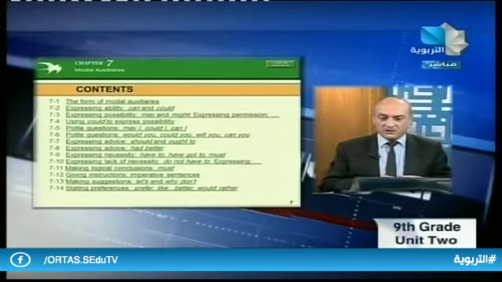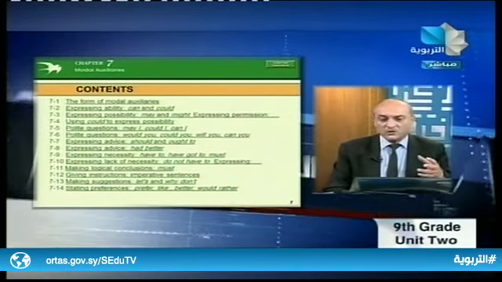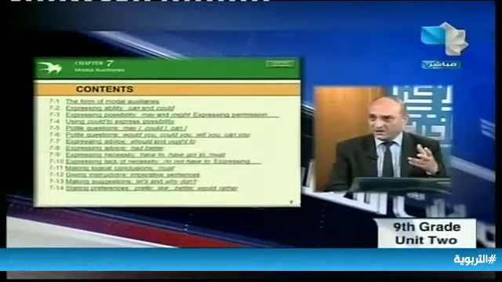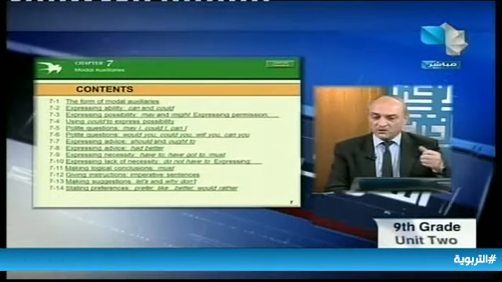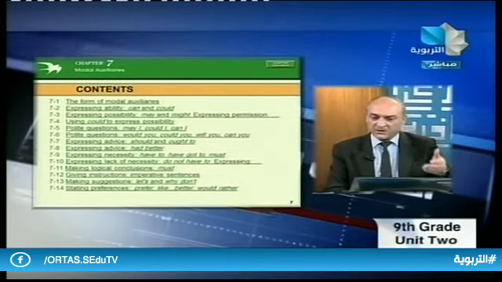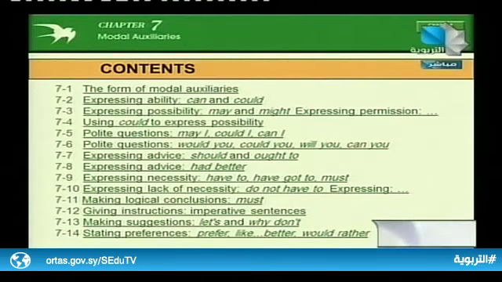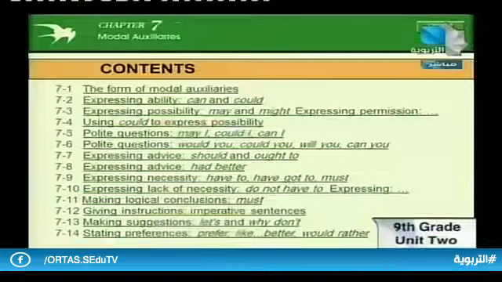As you can see on the screen, we are going to discuss the function of each one, the form of modal auxiliaries, expressing ability, can and could, expressing possibility, may and might, expressing permission, using could to express possibility, etc. A lot of things.